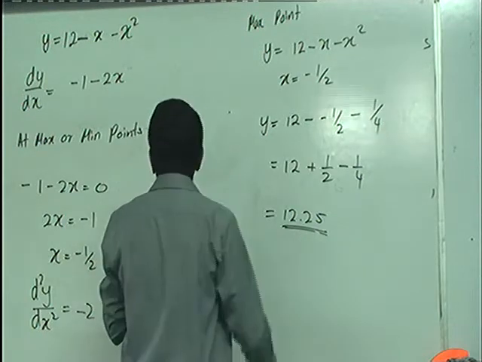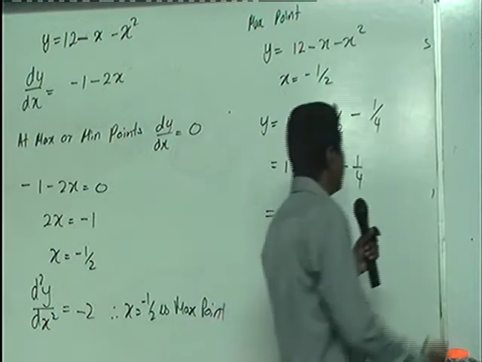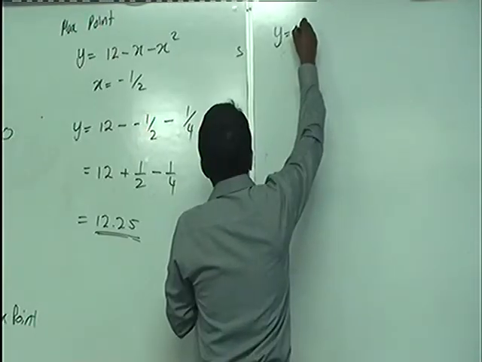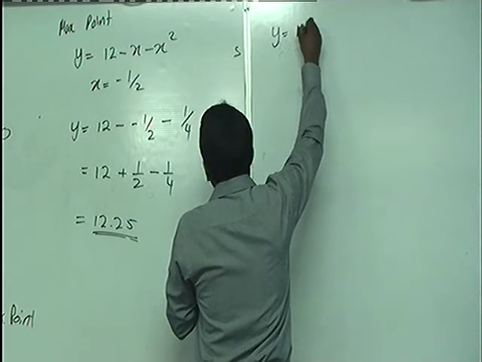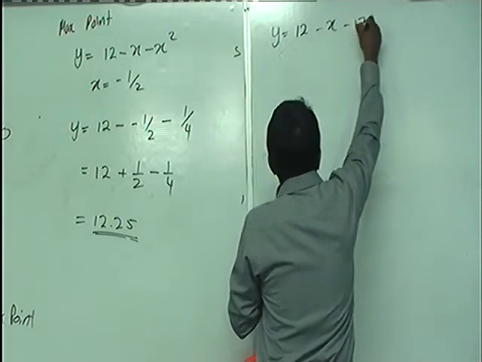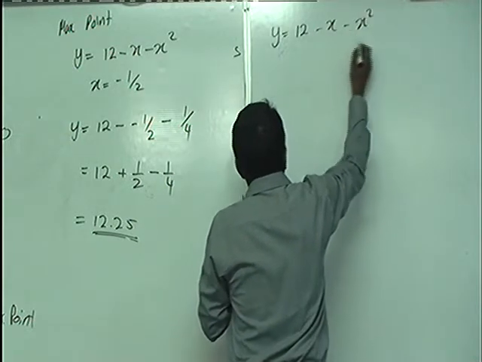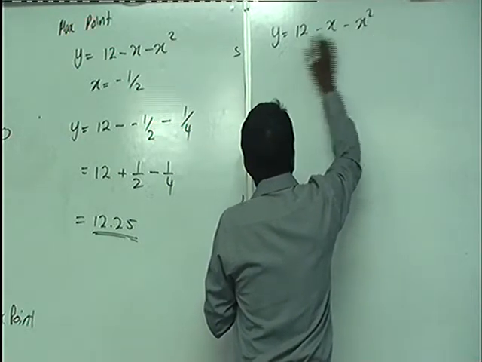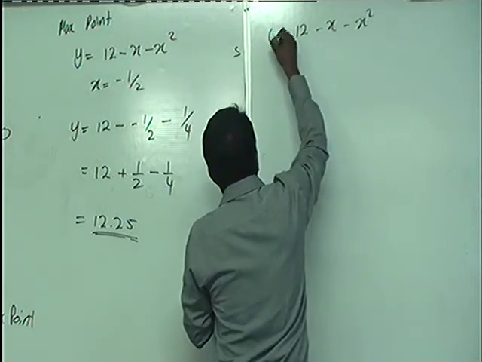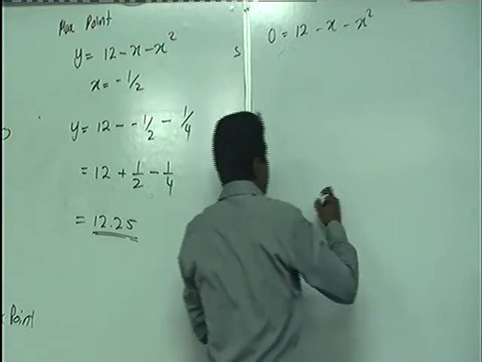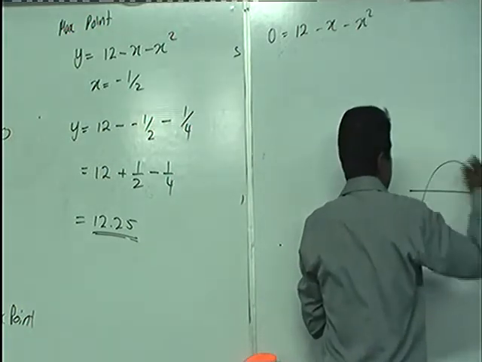Then you can find the points where the curve intercepts the x-axis, using the quadratic equation. Y equals 12 minus x minus x squared, and the curve will intercept the x-axis at two points.